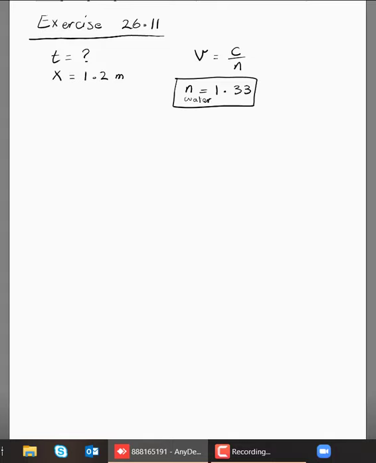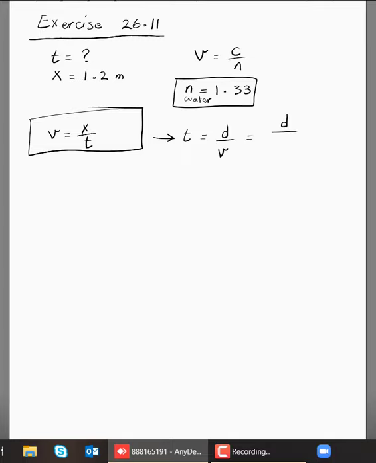Now, just a quick reminder that v equals x divided by t, right? It's equal to distance divided by time. So I can write time is equal to d divided by v. But here, v itself is c divided by n. So let's substitute the numbers that I have.